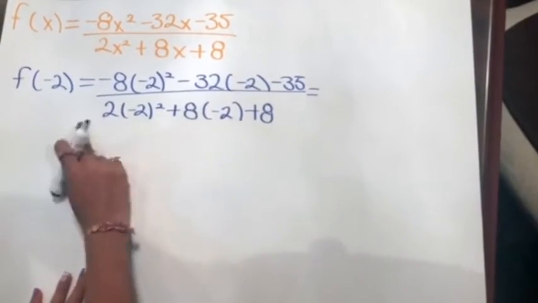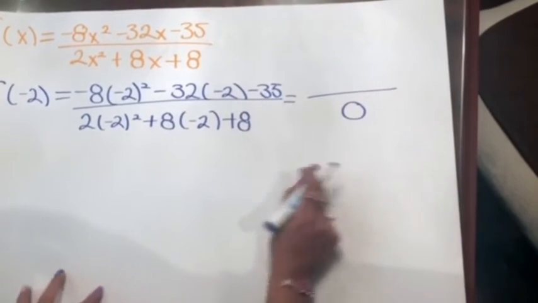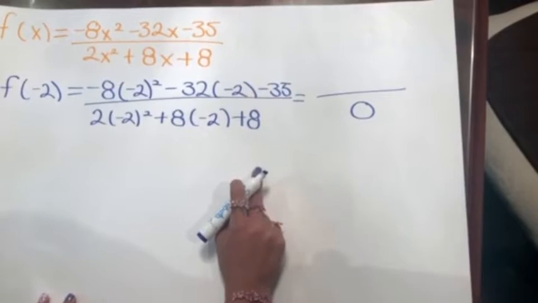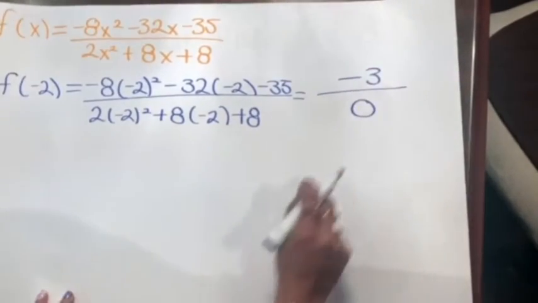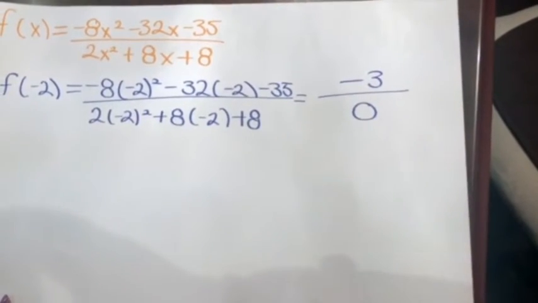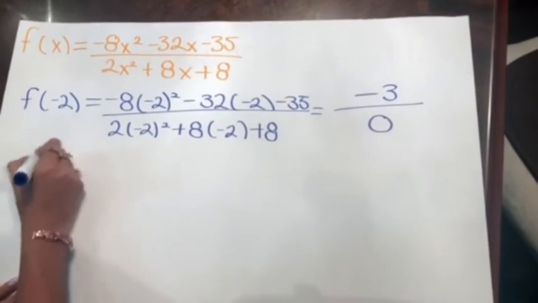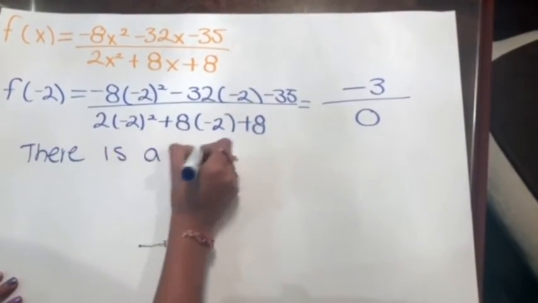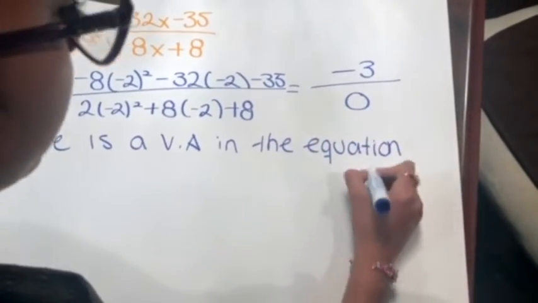The result for the whole expression in the denominator will be 0, and in the numerator will be minus 3. So if we have a number divided by 0, it means that we have a vertical asymptote. There is a vertical asymptote at x equals minus 2.